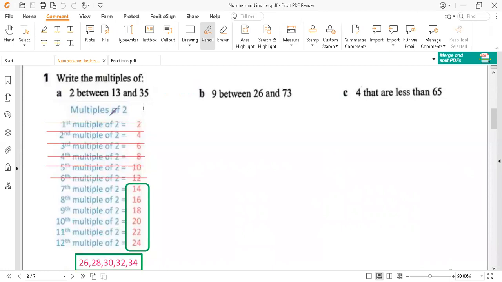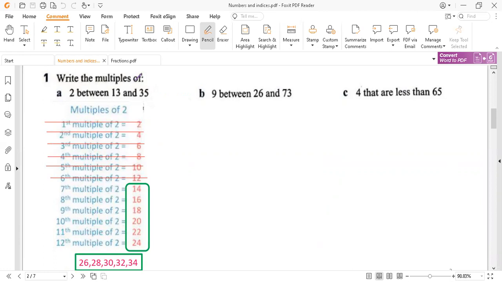The first multiple of 2 is 2 by 1 equal to 2. The second multiple is 2 by 2 equal to 4. The third multiple is 6. And if we multiply 2 by 4, we obtain the fourth multiple, which is 8, and so on.